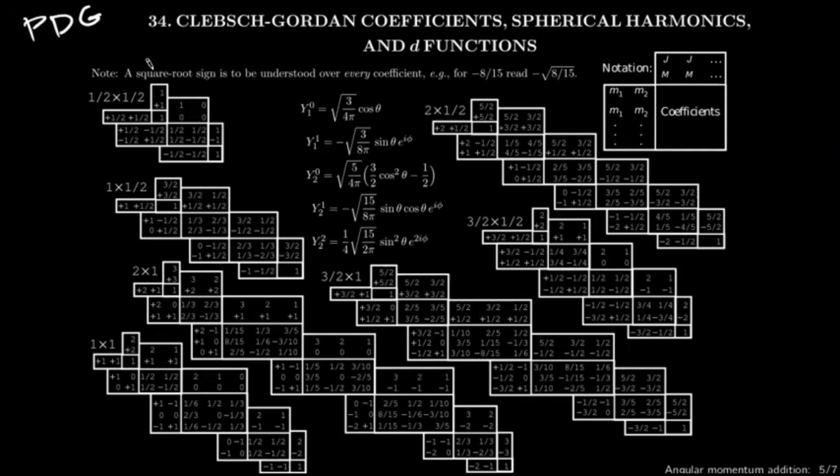You could go to their website and look it up. They also provide a lot of really nice documentation, including this, which is a page from one of their quick reference guides. And the Clebsch-Gordan coefficients essentially allow you to calculate superpositions in terms of L and M, in terms of S1 and S2 states.